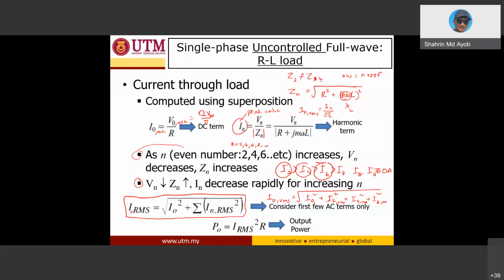So let's look at what happens when your omega L is much larger compared to the resistor. Right now our load is an inductive load. What happened when your XL is much larger compared to the resistor? Next slide.